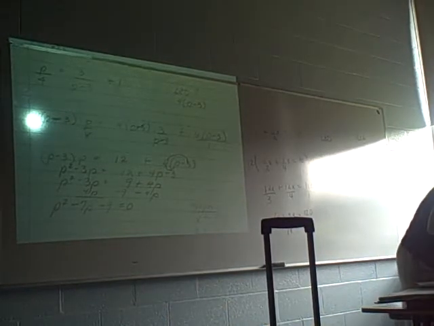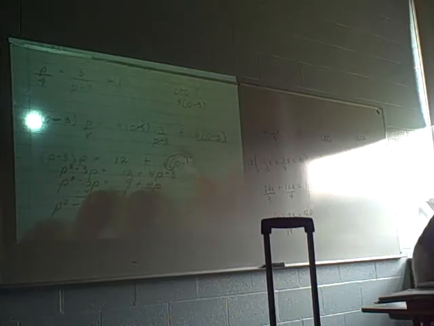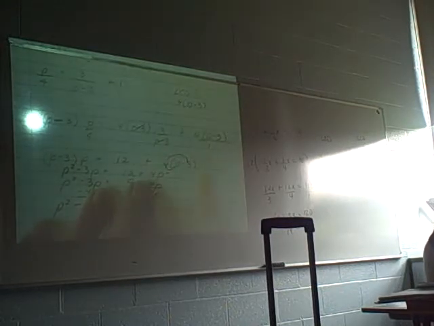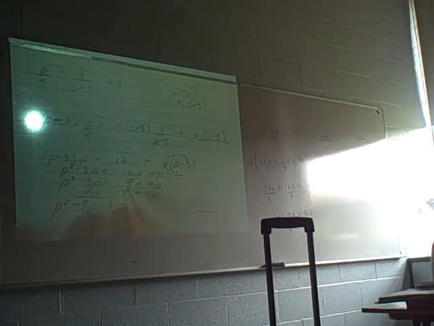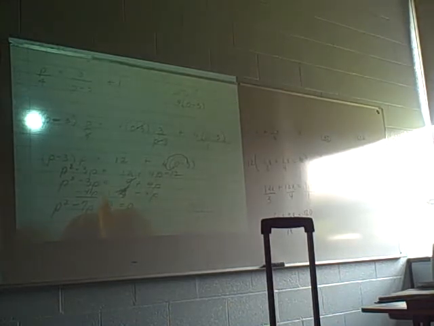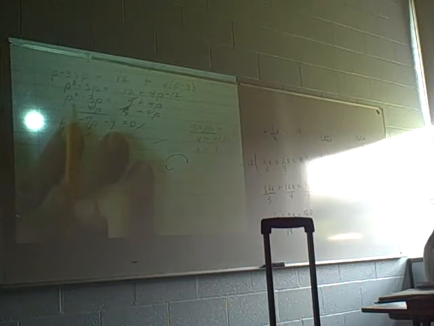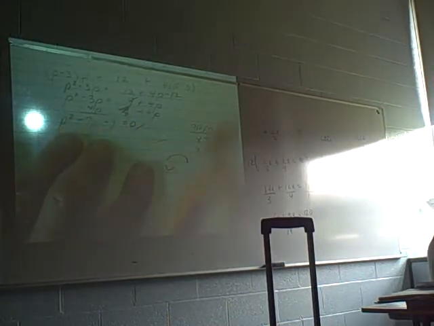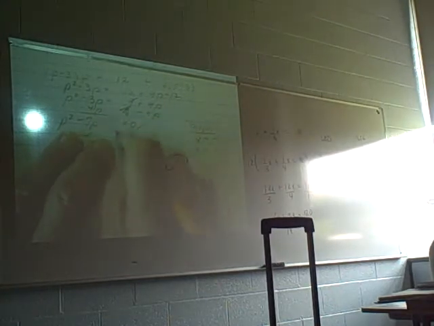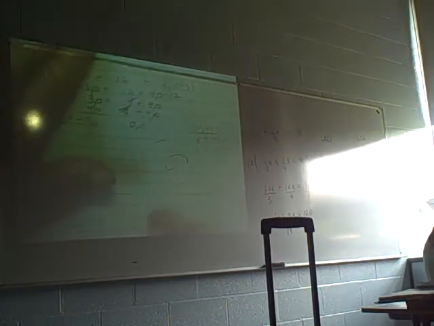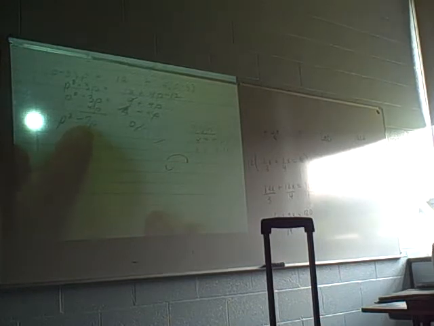All right, so what do I have here? I got negative p squared plus 2p plus 9. All right, so minus 12, okay. So these cancel out, right? 12 and minus 12 cancel out. Can you see that? Okay, so now I have p squared minus 3p, and I move that 4p there. Just p squared minus 7p equals 0.